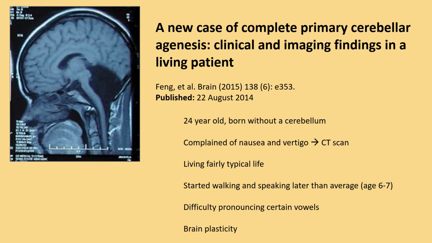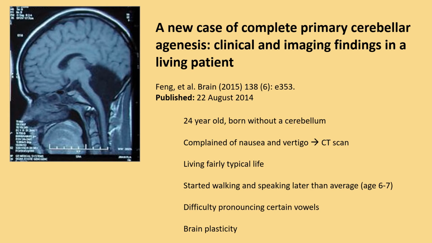But when the physician saw the CAT scan, I'm sure his or her mouth dropped open. She does not have a cerebellum. Apparently, she was born without one of the 4 major brain regions and was living a relatively normal life. So she became the subject of a very interesting case study.